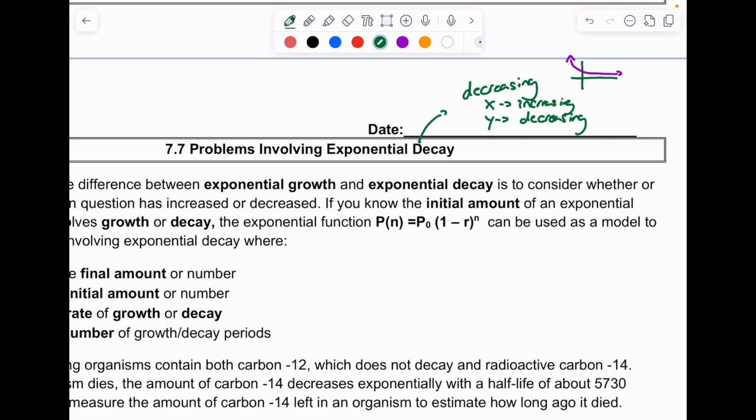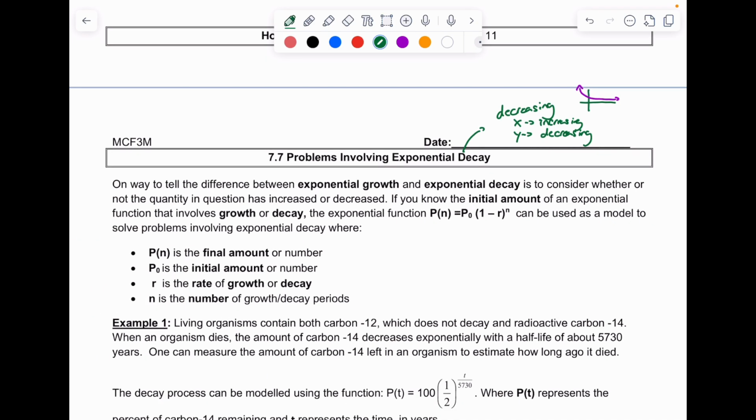So in exponential decaying problems, if you created your table of values, as these numbers get bigger, what you would expect is that the y values decrease, okay? So they get smaller and smaller. That's what an exponential decaying problem is.